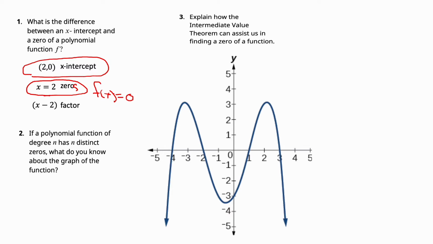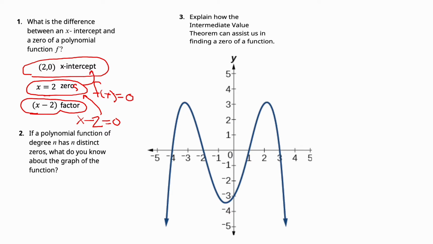And then, of course, if you factored the polynomial, you would get all the factors, and you set the factors equal to 0, and that gives you the zeros, like this. Once you get the zero, you can write the intercept or vice versa.